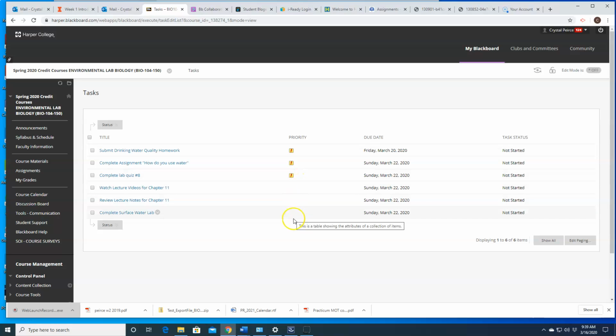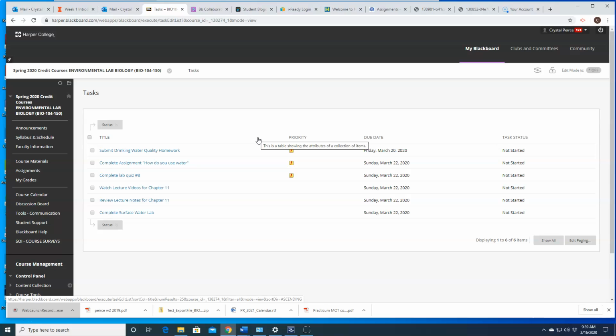If you don't see an exclamation point, it's just things that you should be doing, like watching lecture videos or reviewing lecture notes, completing the lab, those types of things. So the idea behind tasks is just to help keep you on track. I will also put in here if you are doing blog responses or blog posts.